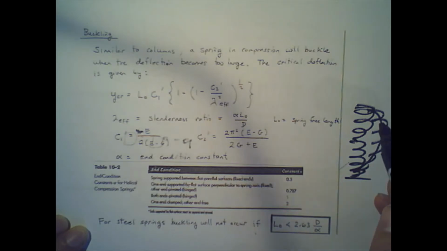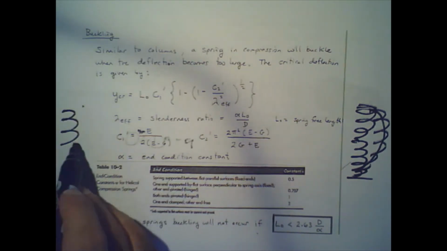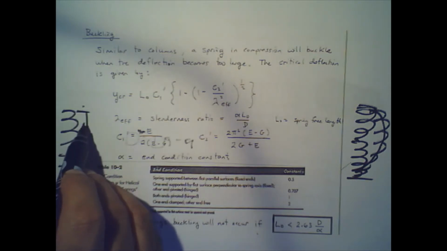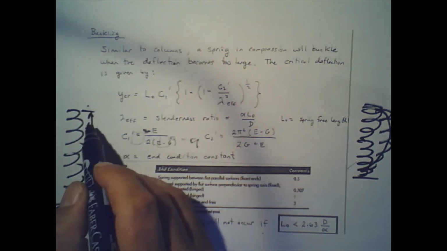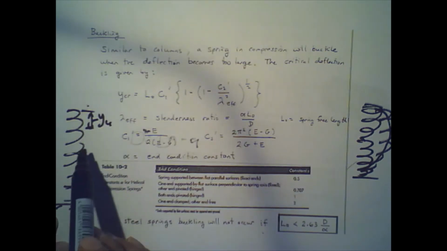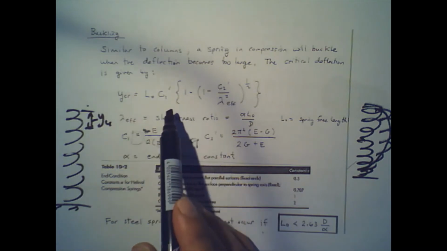But if you still want to work with a long spring, let's say I have a very long spring. It is possible that if I deflect that spring a little bit, it won't buckle. This is called YCR, the critical deflection I could give a spring before it buckles, and this critical value is given by this equation.